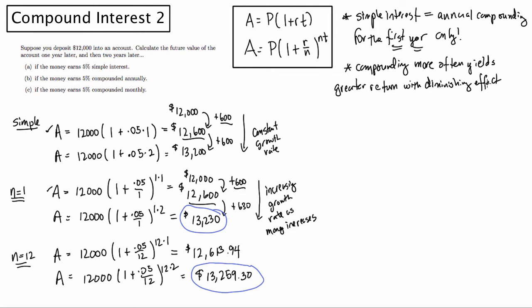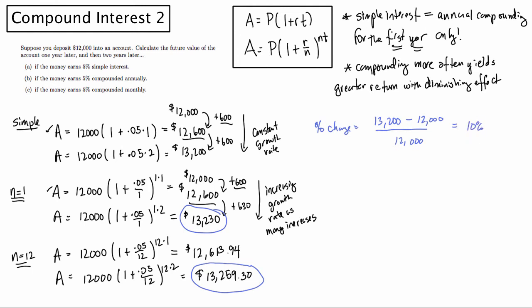Now, one thing that I want to take a look at here is the percent increases involved in each of these problems. So if you look at the simple interest, then the percent change in this problem is, we ended up with an account value after 2 years of $13,200, started with an account value of $12,000, and so the percent change here is going to be equal to 10%.